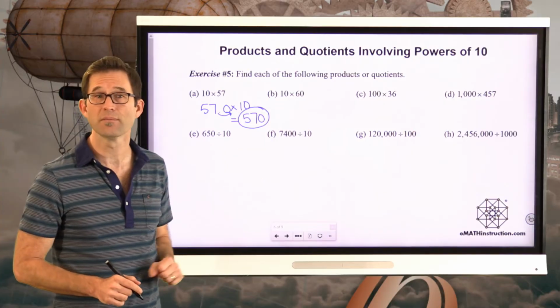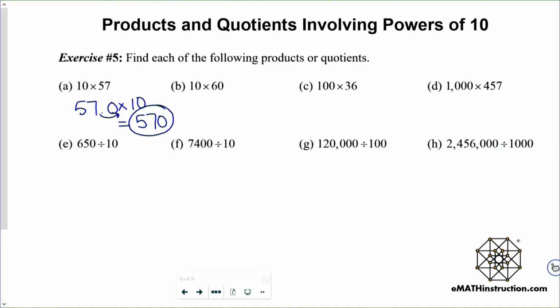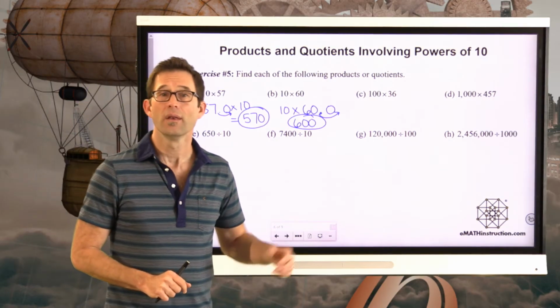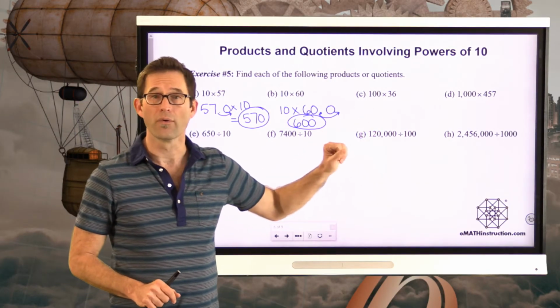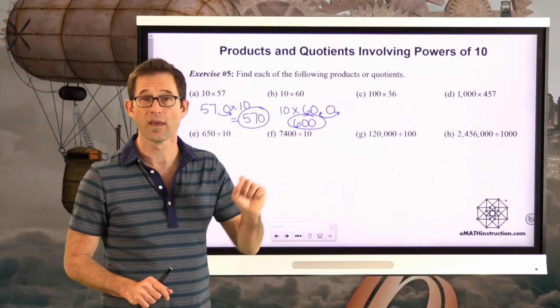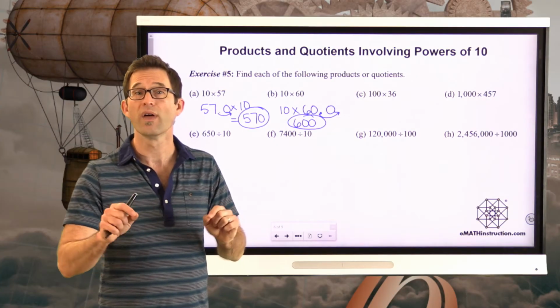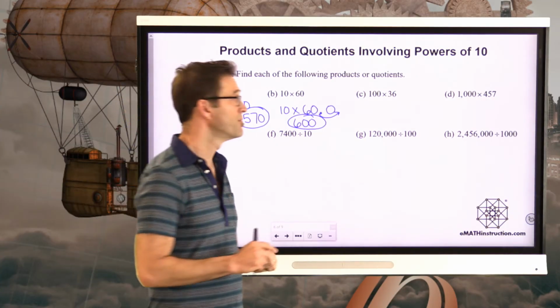Same thing with 10 times 60, right? That is literally going to be 10 times 60.0, which means we're going to move that decimal 1 place to the right so that everything gets bigger by a factor of 10, and we have 600. Now, on the other hand, if we multiply by 100, which is 10 to the second, 10 times 10, we're going to move that decimal place 2 places.